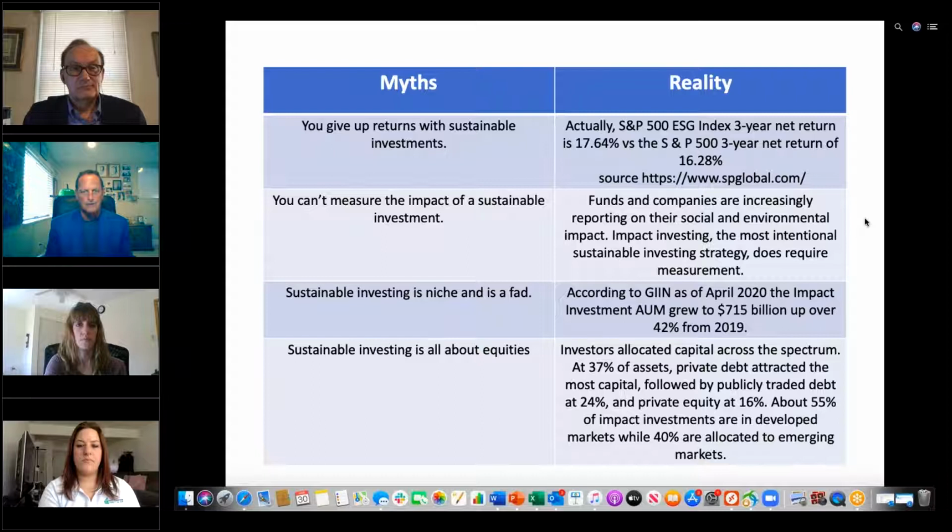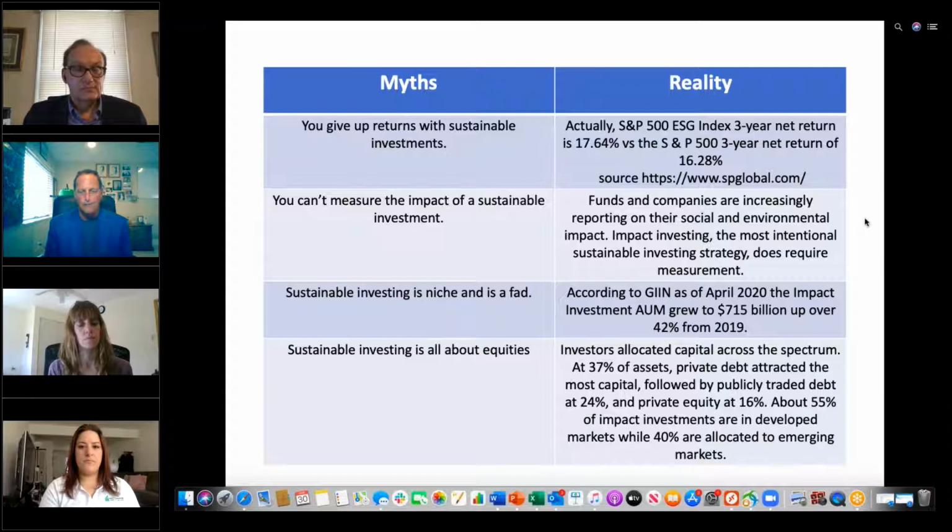This is about patient dollars. Patient dollars are expecting a rate of return and an impact on the economy or on society over time. If you're thinking that it's a fad, and people put $715 billion in 2020 into a fad investment that is supposed to be patient, that is totally a myth.